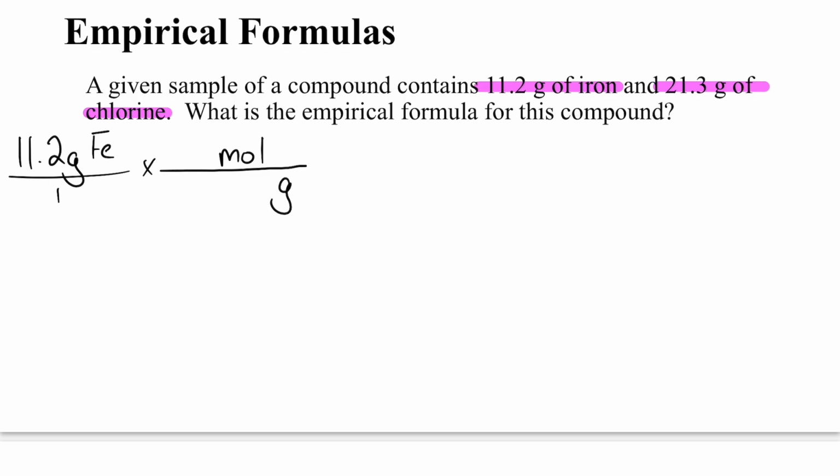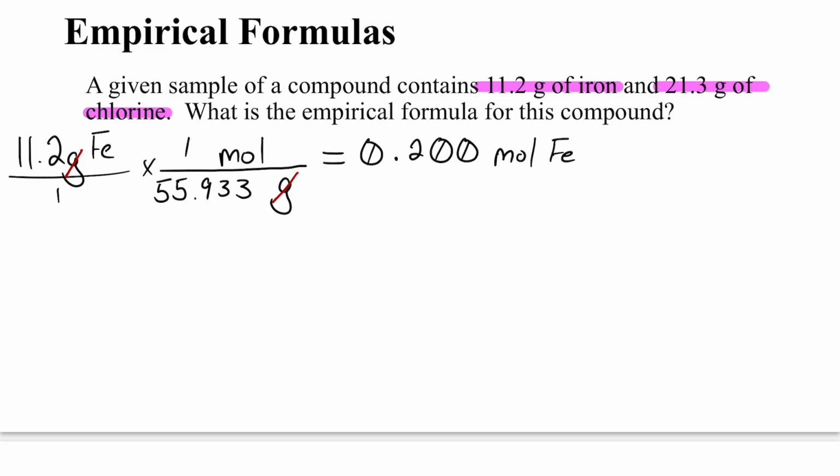The molar mass of iron is, in 1 mole there are 55.933 grams. Units of grams cancel. And to get my answer, I'd do 11.2 divided by 55.933. Rounding to correct significant figures, we get an answer of 0.200 moles of iron.